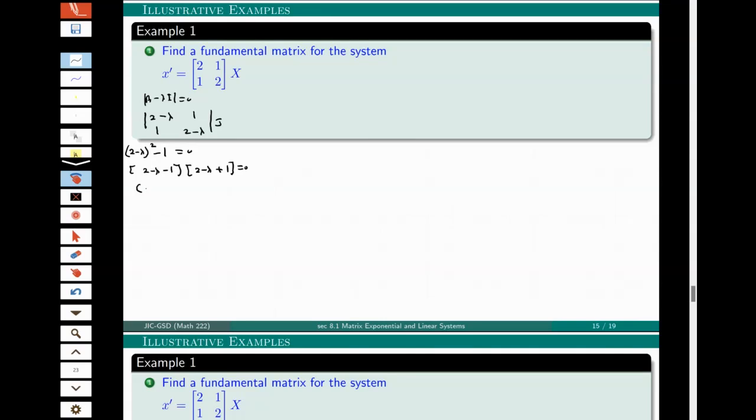So 2 minus 1 is 1 minus lambda, and here it will be 2 plus 1 is 3 minus lambda. So lambda 1 is equal to 1, lambda 2 is equal to 3.